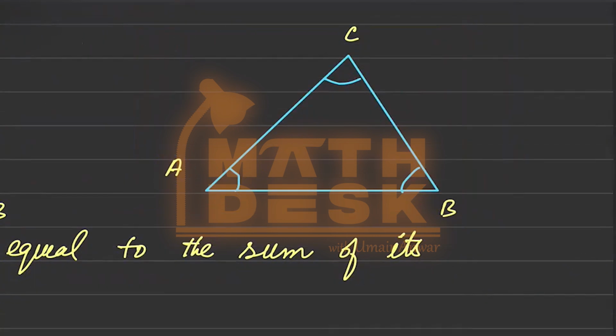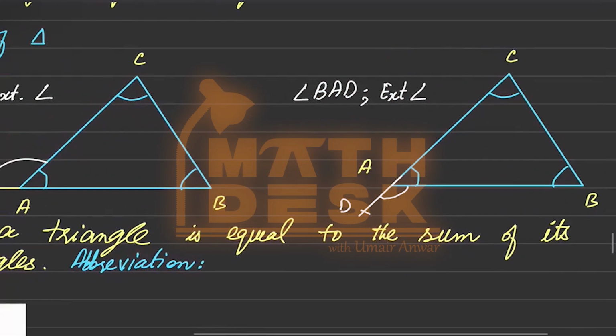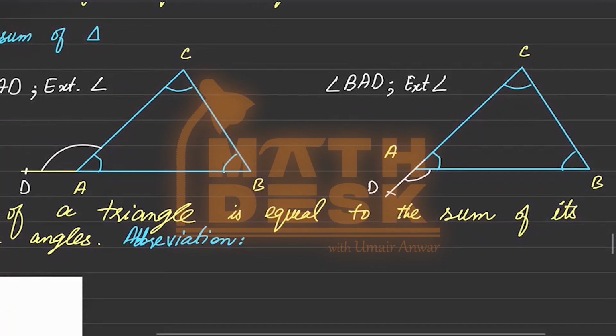So another way of drawing an exterior angle could be at A, that we might extend AC. And there could be a point over here, which is D. So now the angle formed over here, which is angle BAD, is also an exterior angle of this triangle. So at any point, the exterior angle could be drawn using the same two ways.